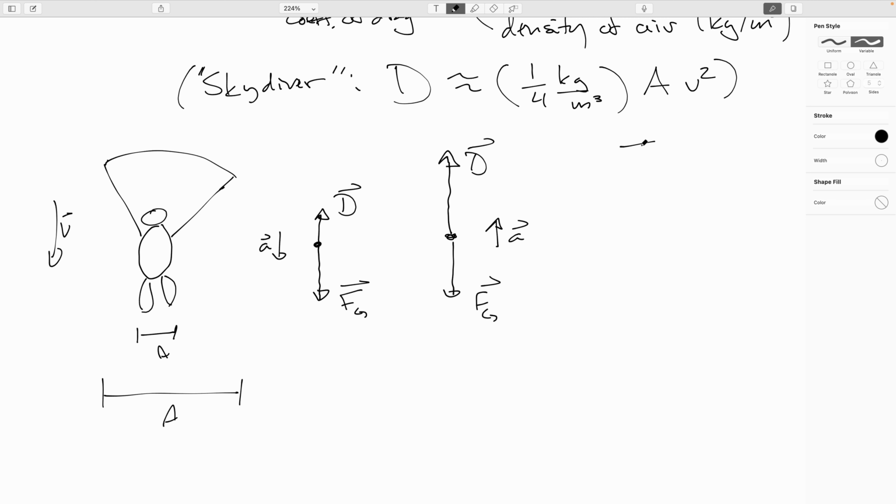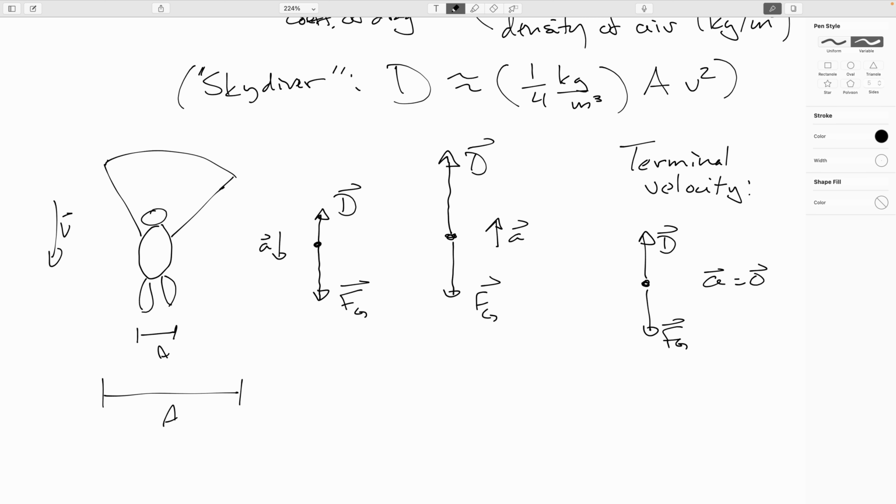So this situation where the two forces are equal gets called the terminal velocity. And again, this is one of those cases where it should really be called terminal speed, but nobody does. This is the situation where the drag force and the force of gravity are equal to each other, which will give us an acceleration of 0.